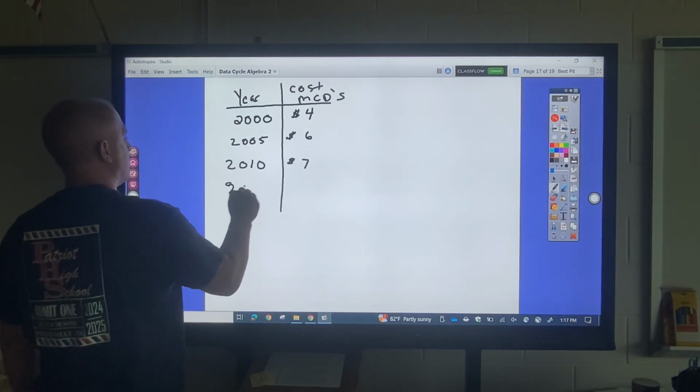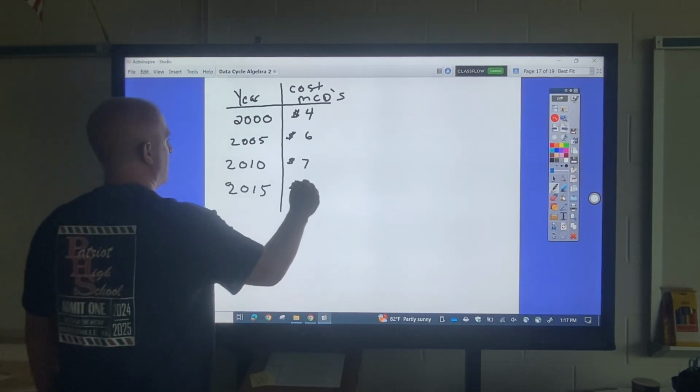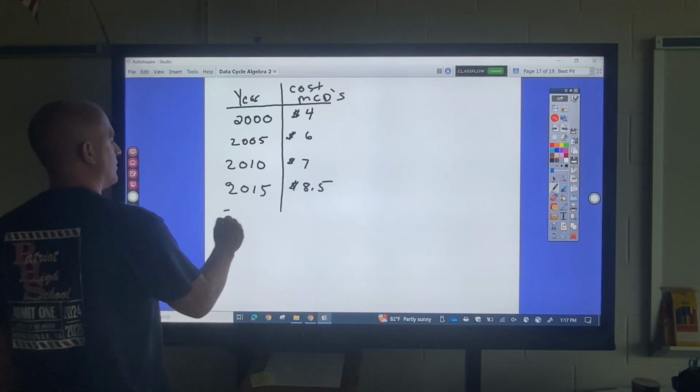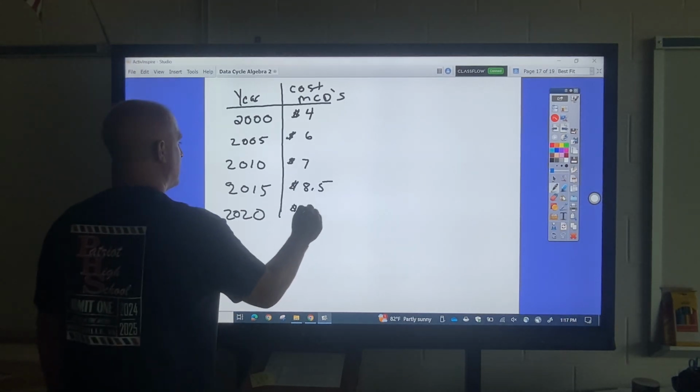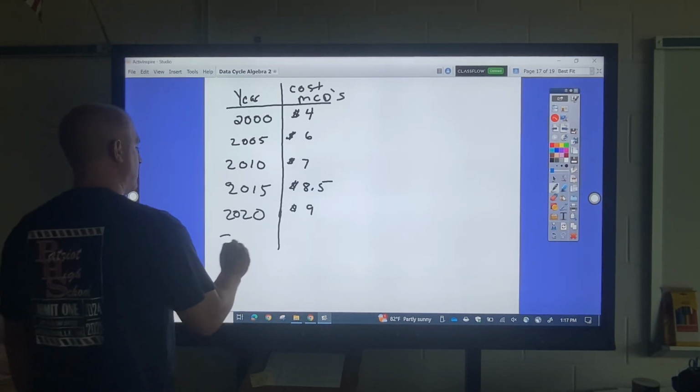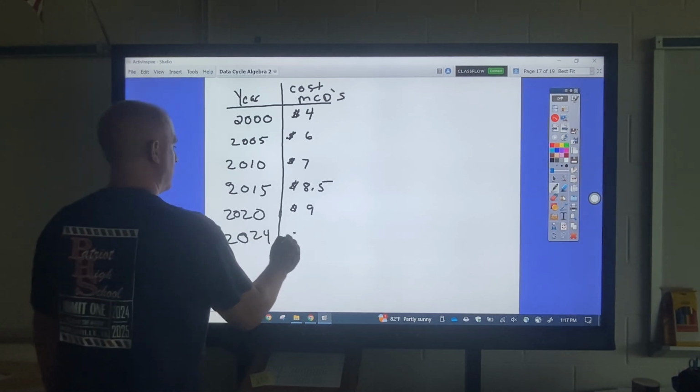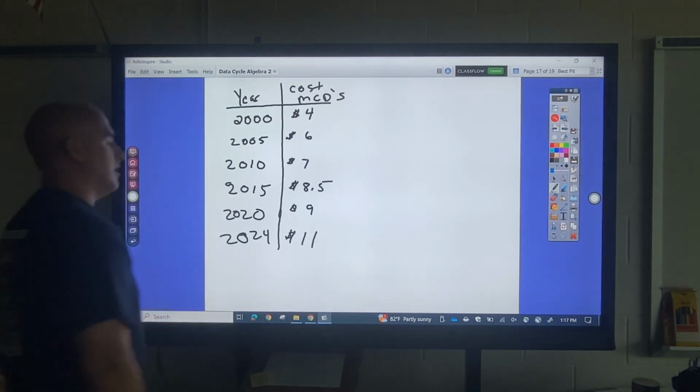Let's say in 2015 it was $8.50. 2020 it went to $9, and then let's say in 2024 it's $11.